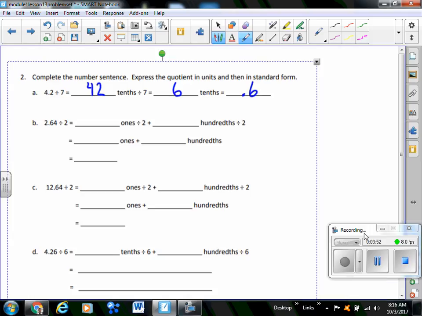Okay, next one is a little bit harder. So we have a 2 in the ones place divided by 2 plus 64 hundredths.